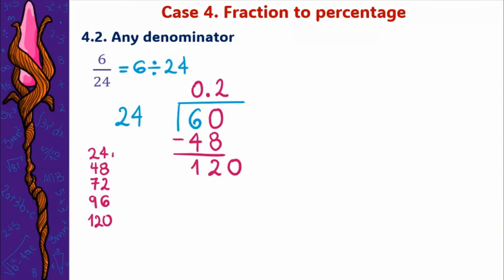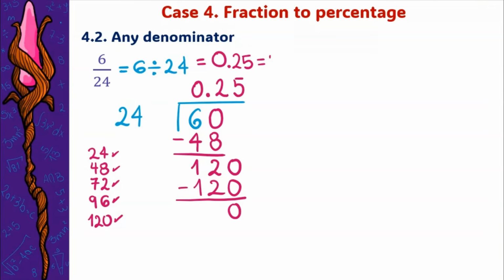So this was times 1, times 2, times 3, times 4, times 5. That means we need to put a 5 here. 5 times 24, we already saw that is 120. So we just put it and do the subtraction. This is 0. That means that the fraction is equal to 0.25. And we know that as a percentage is just going to be 25%.